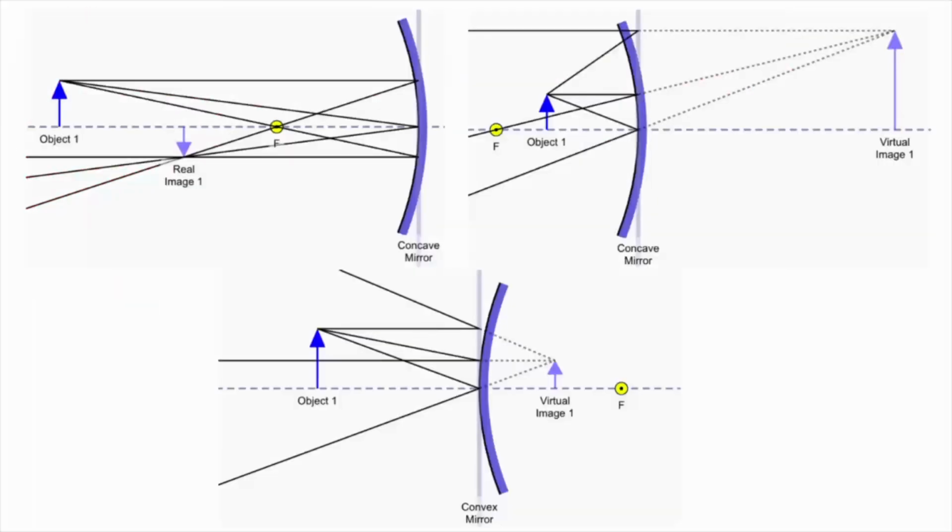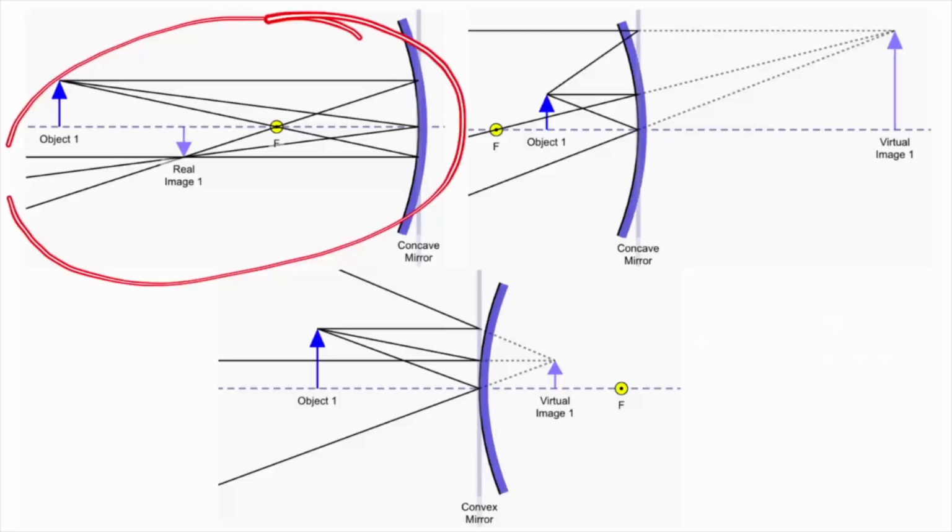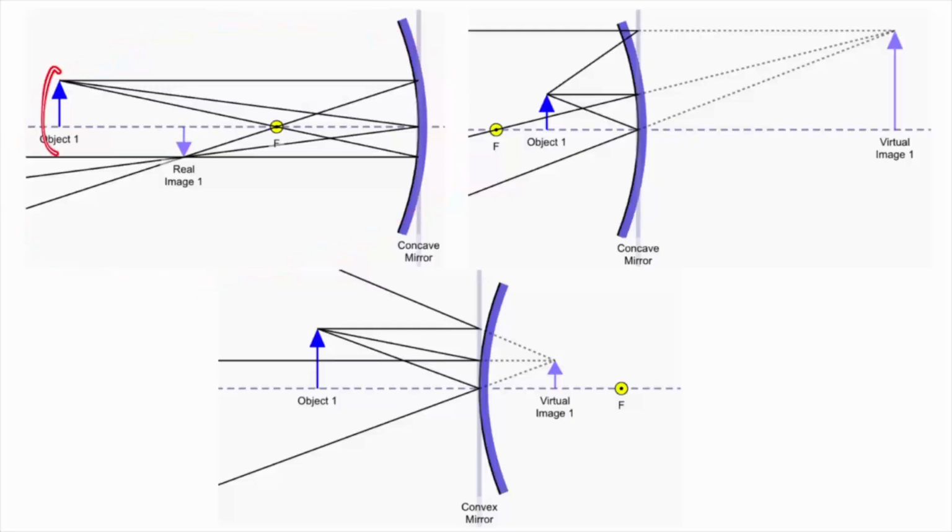If you go back to here, which of these pictures now do we have? Top left. The object is outside the focal length. The focal length is between the object and the mirror, right? So we know it's going to be something like this. So what do we already know?